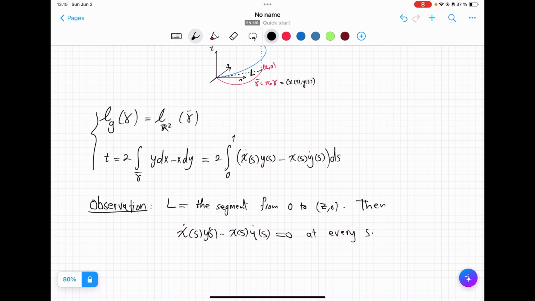Because you're looking at 0, if you are at this point here, then the derivative, the velocity is also pointing in that direction. So the vector x of s, y of s is parallel to x prime of s, y prime of s, and because of the way we multiply this is actually dot producting the perpendicular to velocity into this, and they are perpendicular, so they become 0.